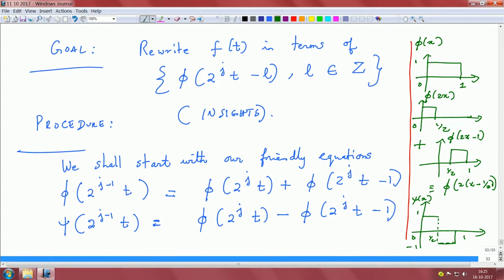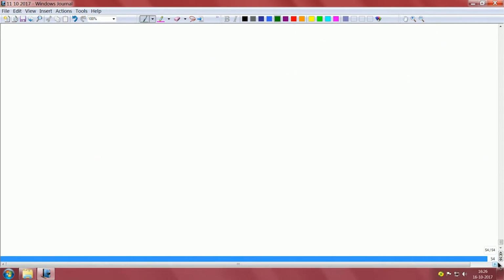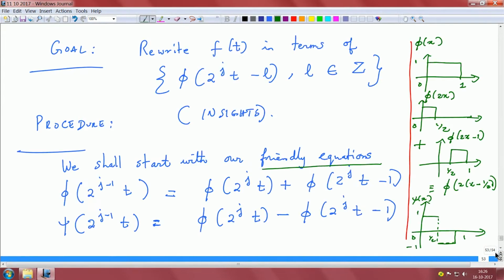If you just get this picture in your mind, the rest will be very easy to go through. So, I call them our friendly equations. So, maybe I will just call this equation number d, just for consistency.